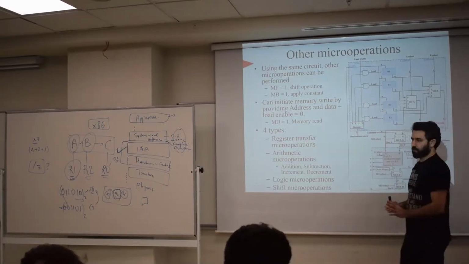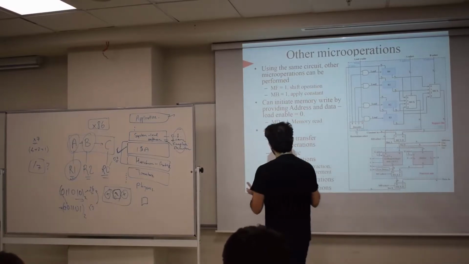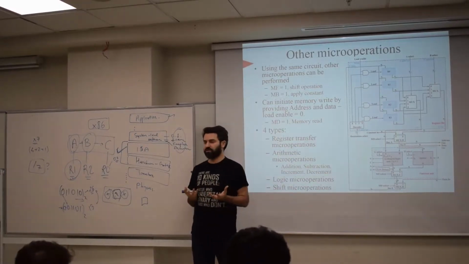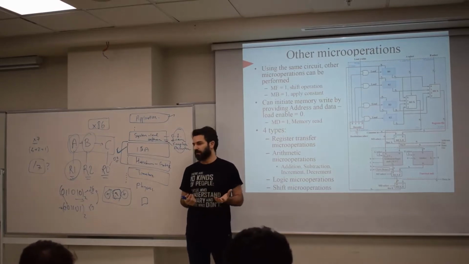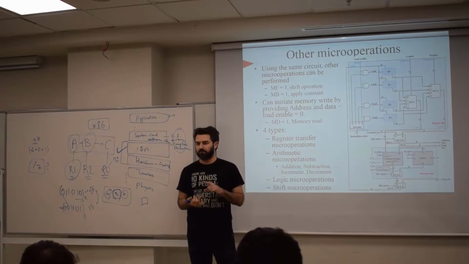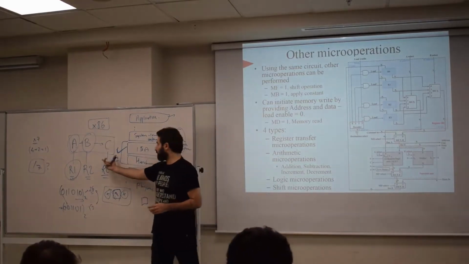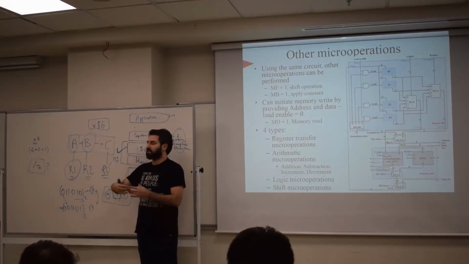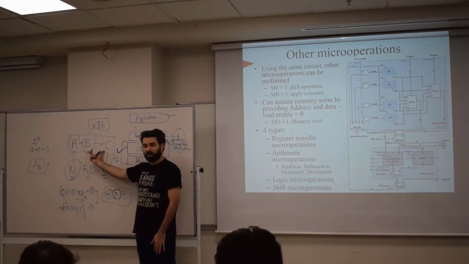Okay? As I said before, you have to distinguish two important definitions here. One of them is instructions. Instructions are going to tell you what to do, like addition, or XOR, whatever. Okay? And these are going to be binary sequences. I'm going to use, for example, let's say 16 bits to define an instruction like that.